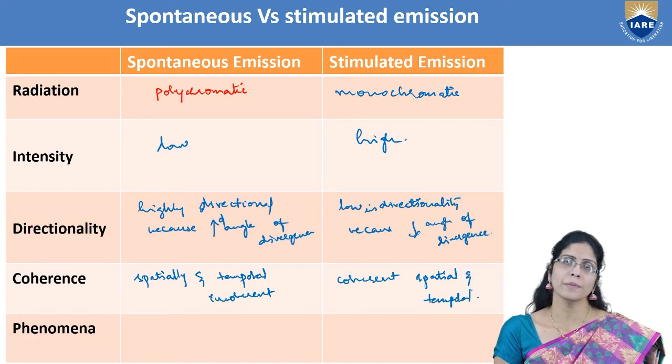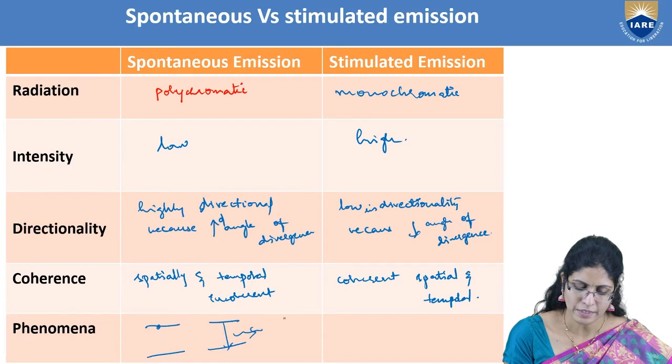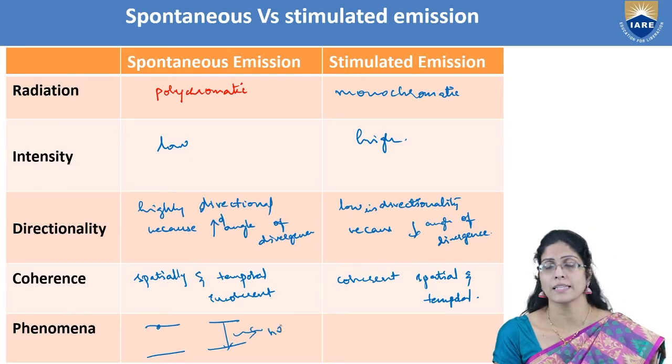And coming to the phenomenon, as I have told you, if you have an electron in the higher energy level, it comes down by itself, making an emission spontaneously. Hence, it is known as spontaneous emission.